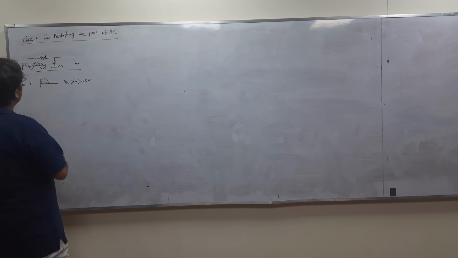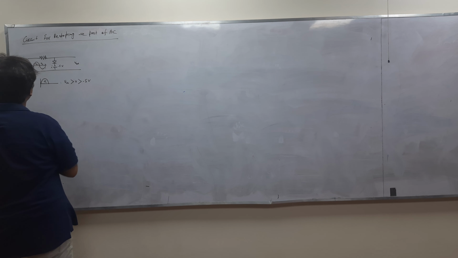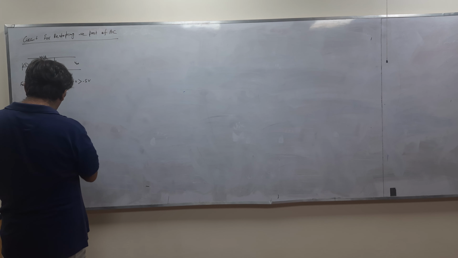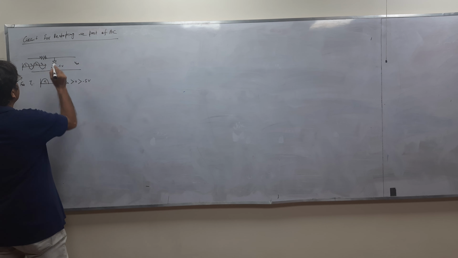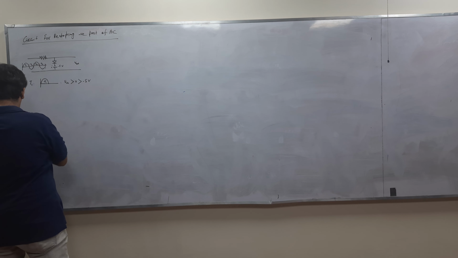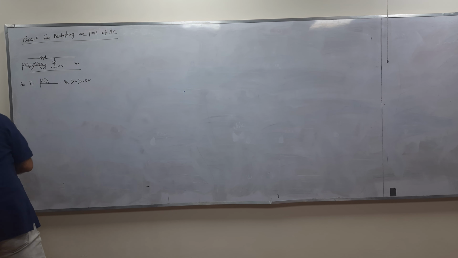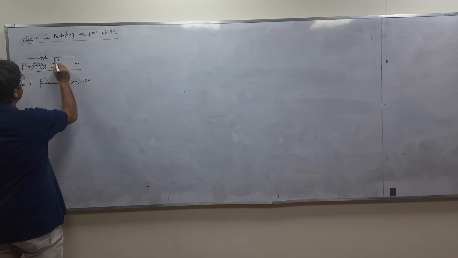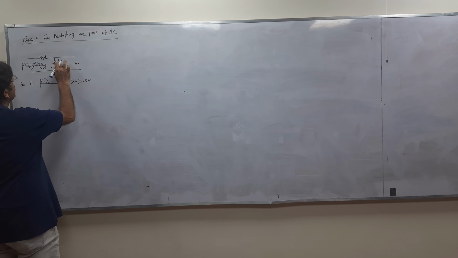So the P side is positive, and this is the P and this is the N junction.